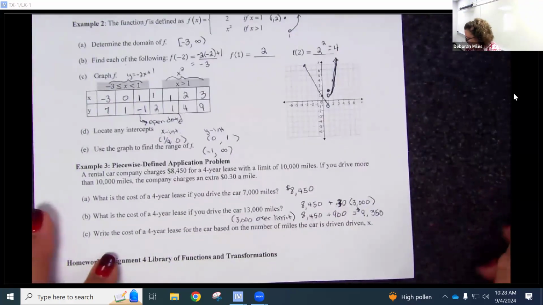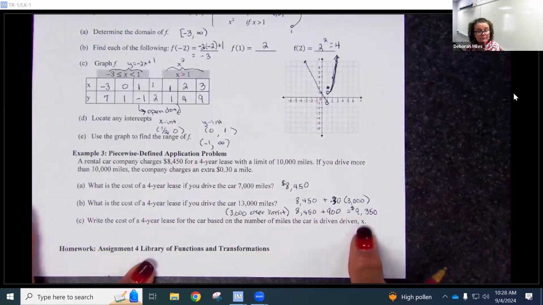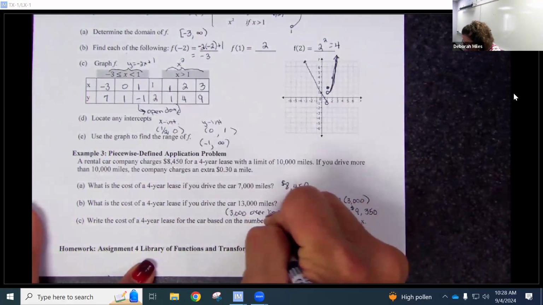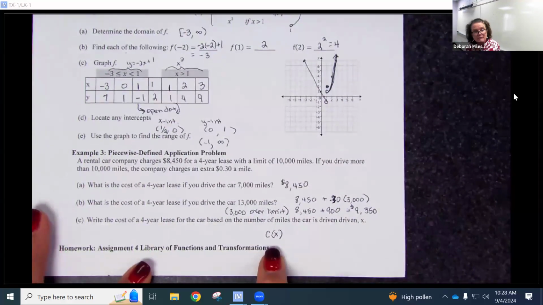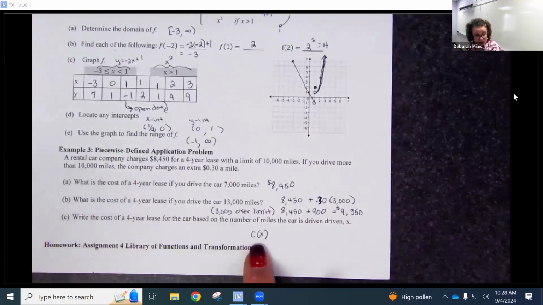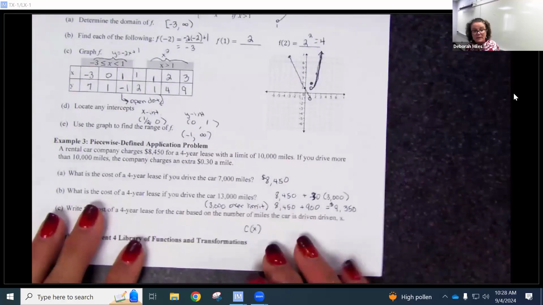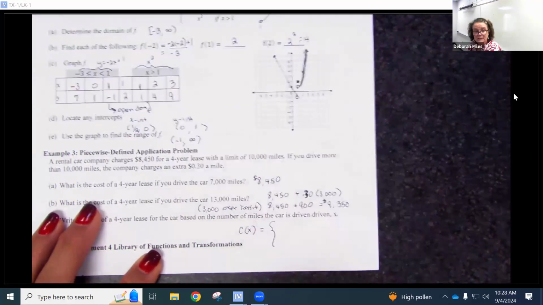So if x is the total number of miles driven, then you could write the function, let's use C of x for cost. That kind of makes sense instead of using f of x. f of x would be fine, but C of x, I just get what it's about. It's a piecewise function that has two pieces.